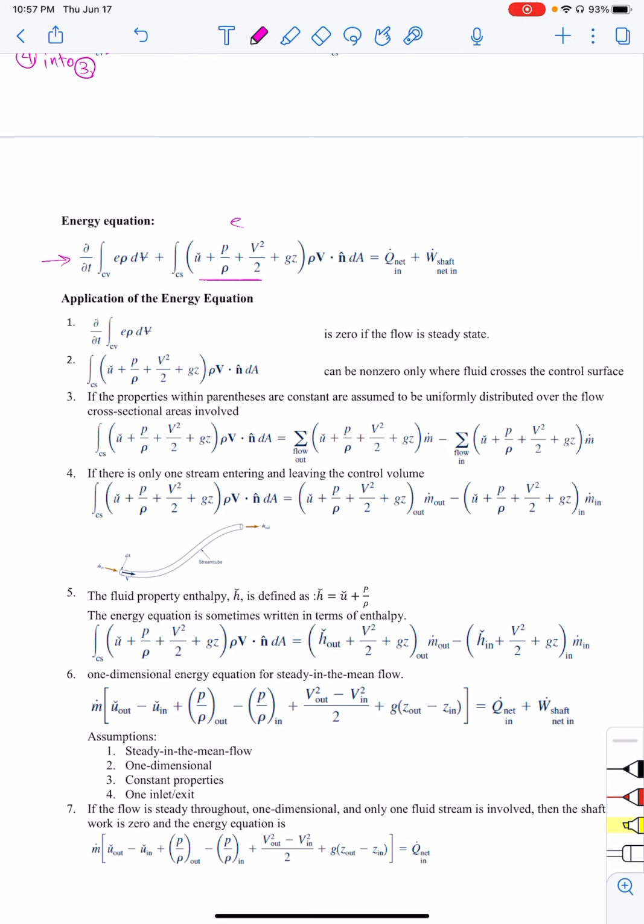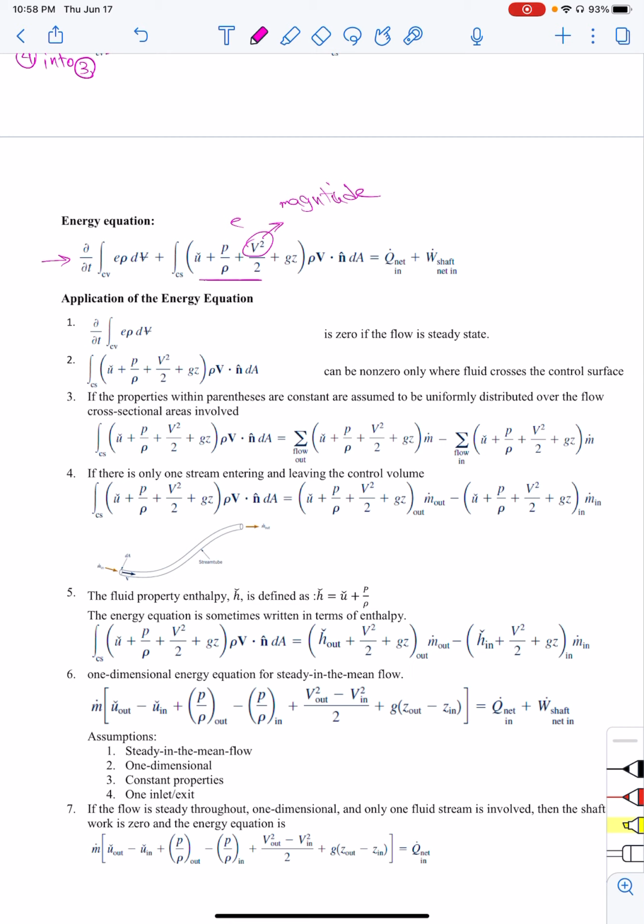And now one of the important things we need to remember here is that the velocity here is not a vector anymore. This is magnitude. So this is the magnitude of velocity because that is what matters for kinetic energy, right?